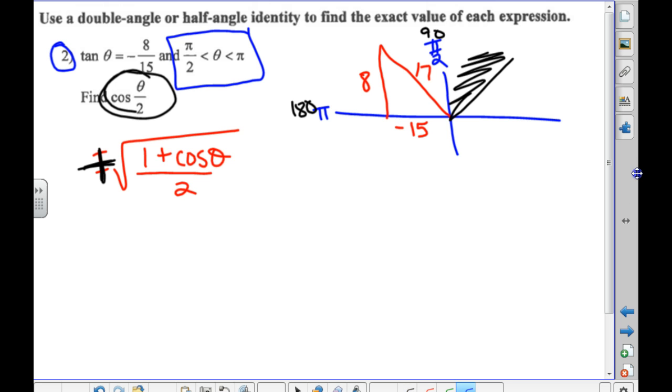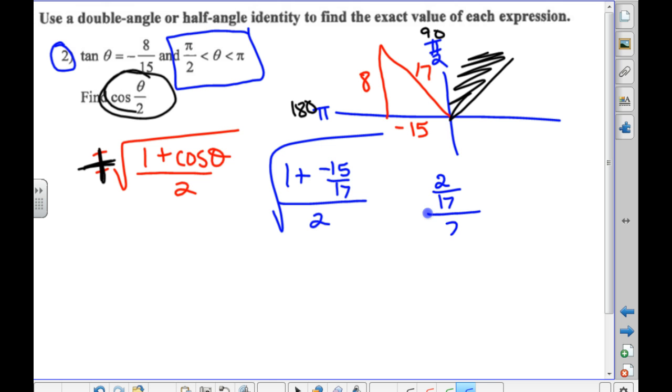Now let's plug our values in and be done. 1 plus the cosine from over here, which was negative 15 over 17, all divided by 2. The 1 would be the same as 17/17. So 2/17 divided by 2, or 2/17 times a half, is 1/17.